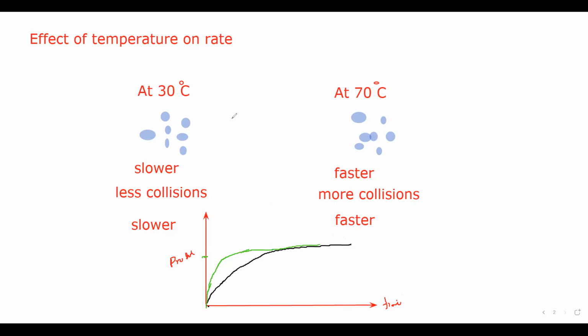Why is the final amount of product the same? Because we have the same number of particles of the reactant. So this one is at 70, this one is at 30.